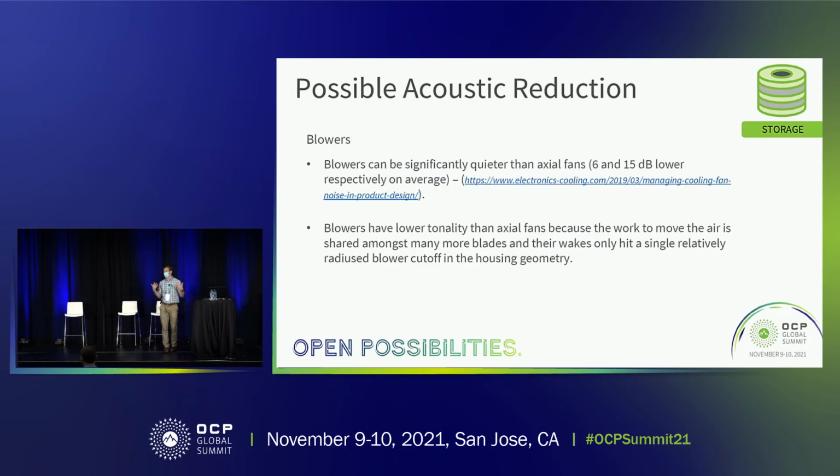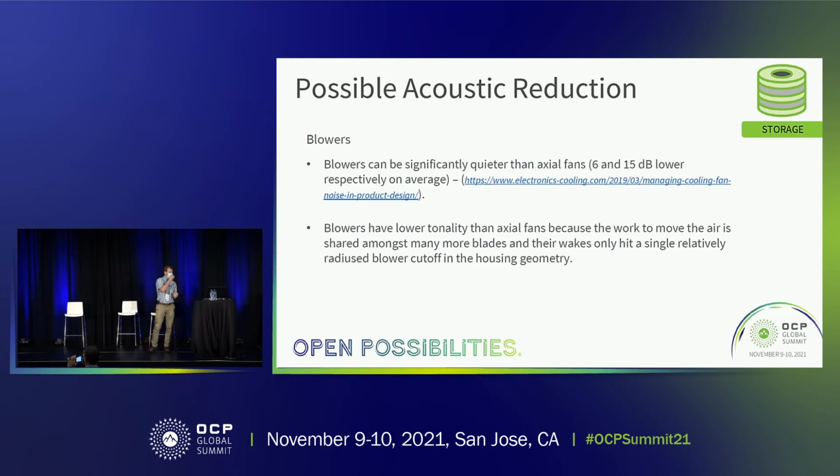So one of the things that we looked into is what if we use blowers? What if there's something else that could be used instead of just the axial fans to try to reduce that noise? And we worked with Boyd. Boyd has what they call, well, first of all, the blowers, I've done some research, and several places have said you can get maybe 6 to 15 dB reduction in noise by using blowers rather than an axial fan.